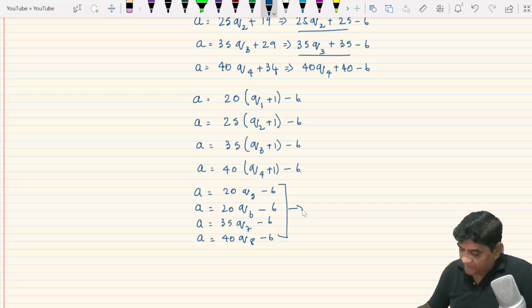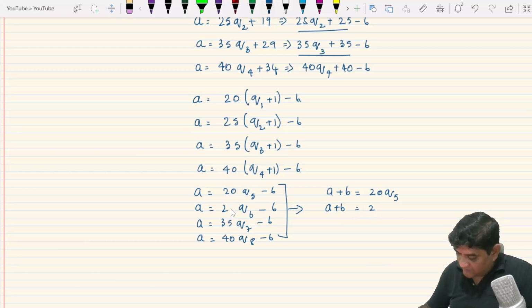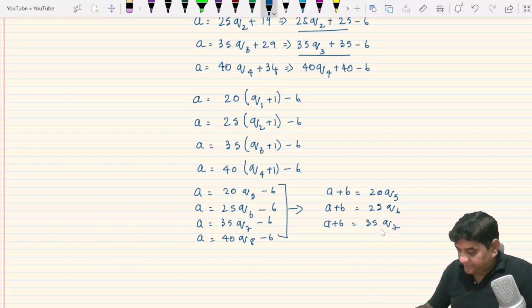Further, all these equations can now be written as A plus 6 is equal to 20 Q5, A plus 6 is equal to 25 Q6, A plus 6 is equal to 35 Q7, A plus 6 is equal to 40 Q8.